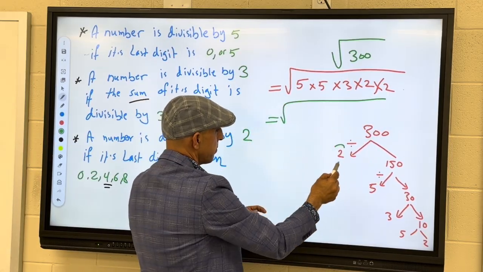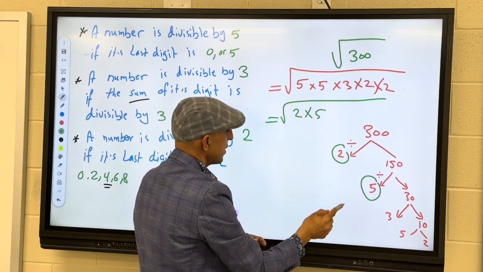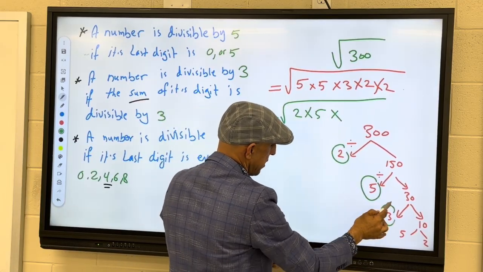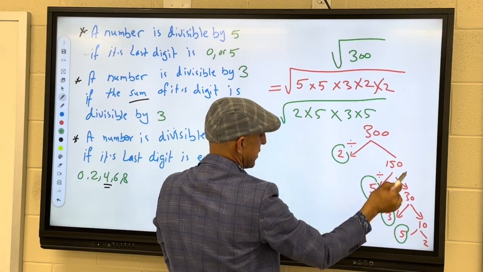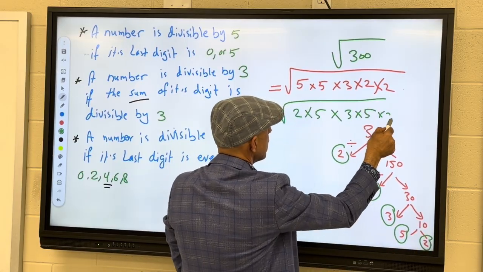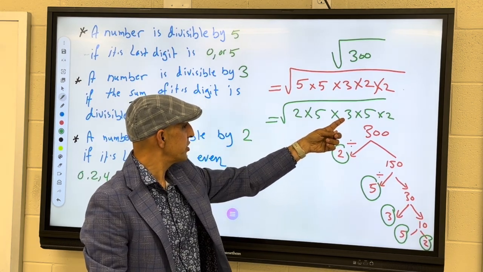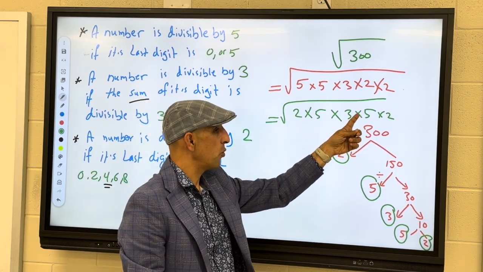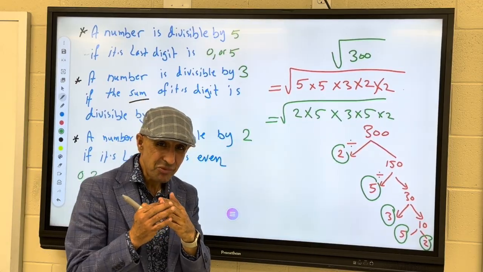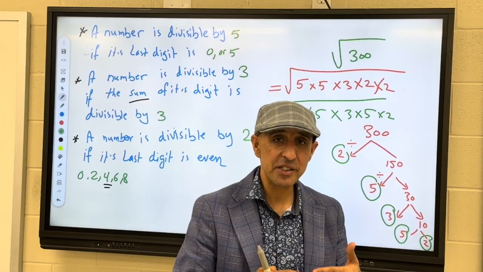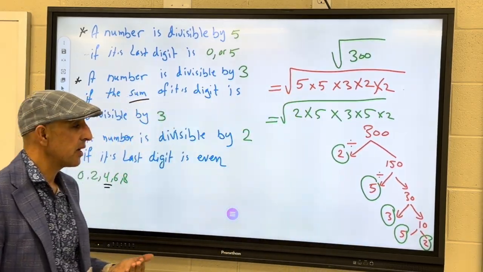So we have 2 times 5, then times 3 times 5 times 2. 2 times 5, which is 10, times the 3, which is 30, times 5, 150, times 2, which is 300. You can use different paths, different ways to reach to the same factoring, guys.